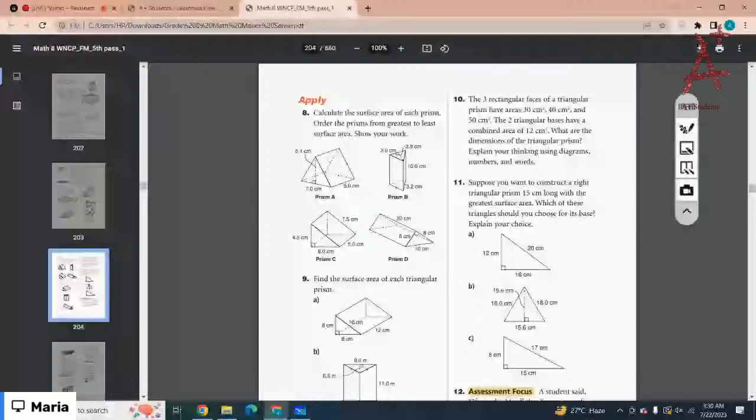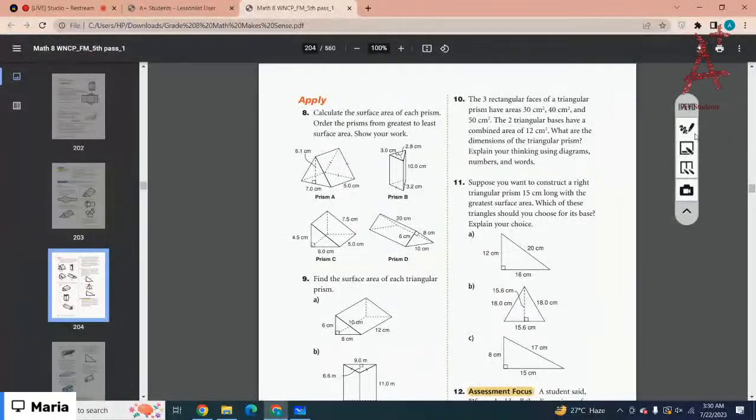Explain your thinking using diagrams. The two triangular bases have the combined area of 12.